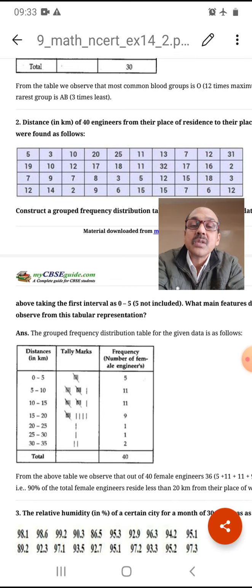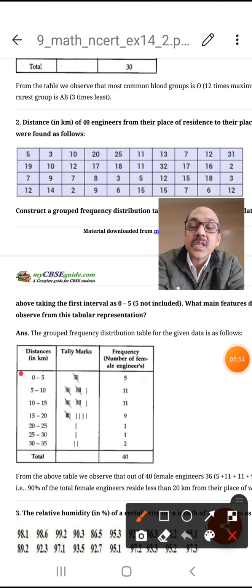Okay. So we have to make a frequency distribution table, and first interval is given 0 to 5. 5 is not included. So to make a distribution table: distance in kilometers, then tally marks, then frequency, that is number of times.